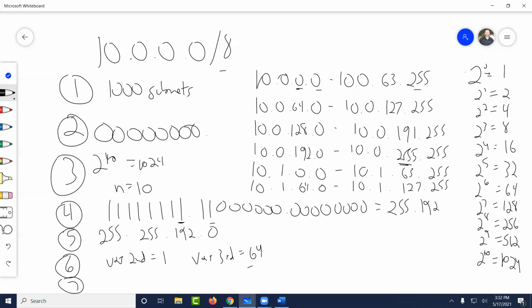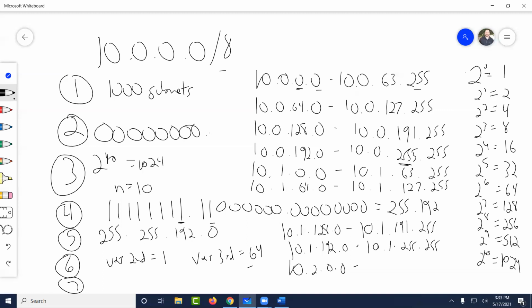I'm going to skip down below here and do the next one. 10.1.128.0 to 10.1.191.255. 10.1.192.0 to 10.1.255.255. And my next subnet would be 10.2.0.0 and all the way down until I had 1,024 subnets.